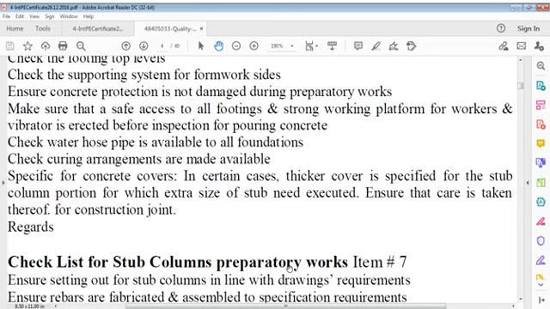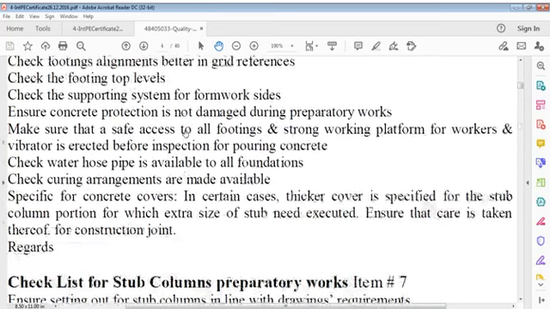So thicker cover is applied there, and this is about foundations, and we have to pour them, which we will take later on. Pouring we'll consider later on.